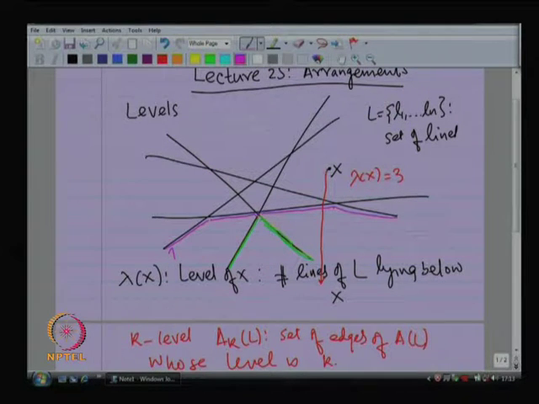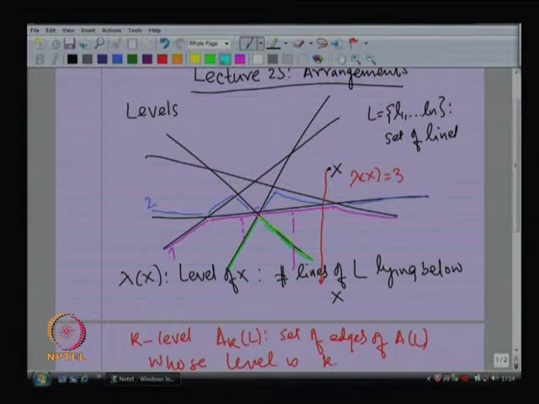So, for example, if you take a point here, one line; you take a point here, one line. Now, if I look at these edges, this is label 2, okay, and so on.